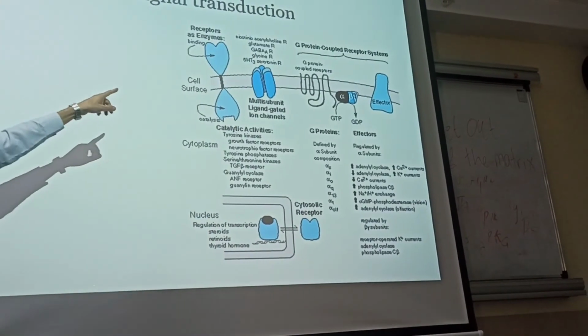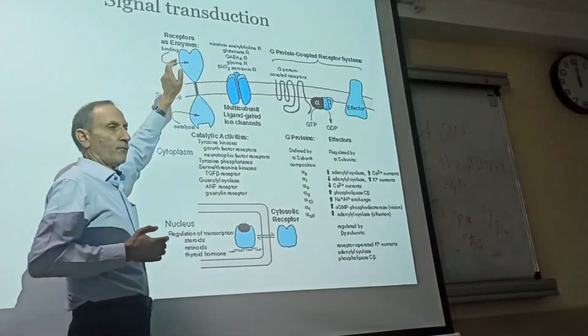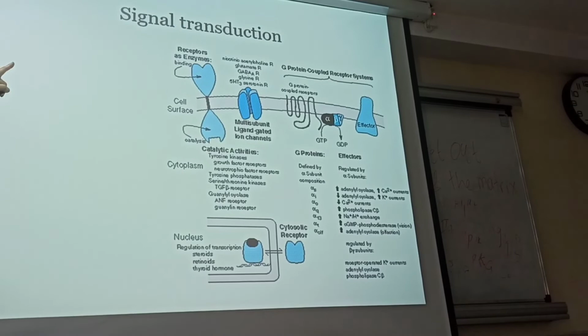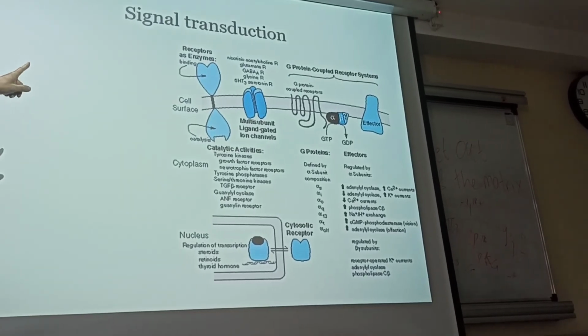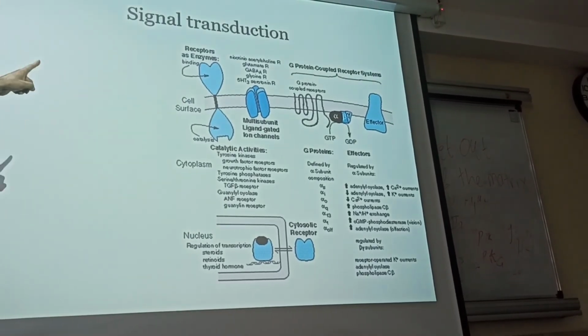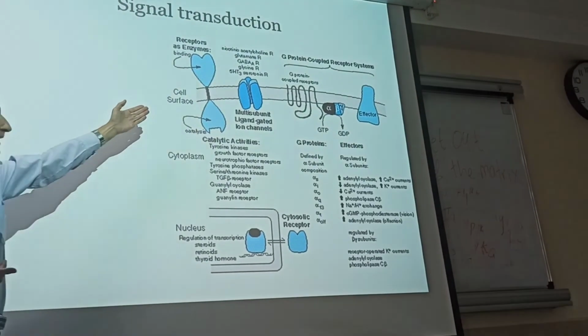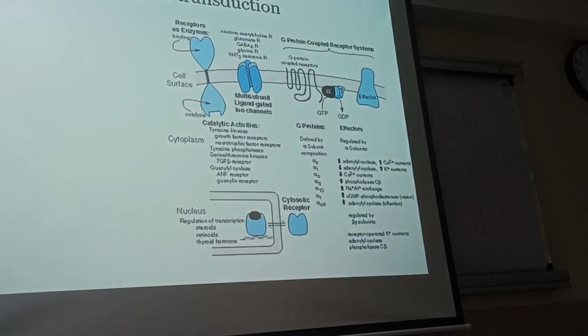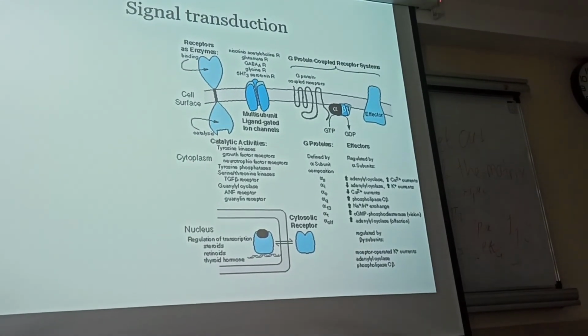Here you have a binding site for the agonist. When the agonist binds with the extracellular domain, then we have changes in the intracellular domain. And we have the activity of the enzyme.